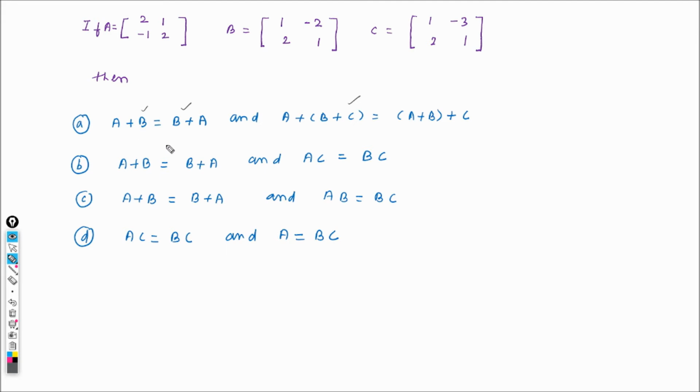So A plus B is equal to B plus A, meaning addition of two matrices is commutative, and A plus B plus C is equal to A plus B plus C. By using the properties of addition of matrices, addition is commutative and associative. So therefore, our answer will be A.